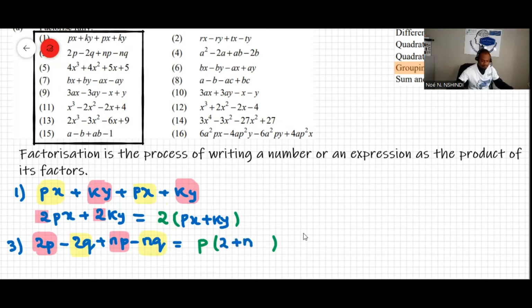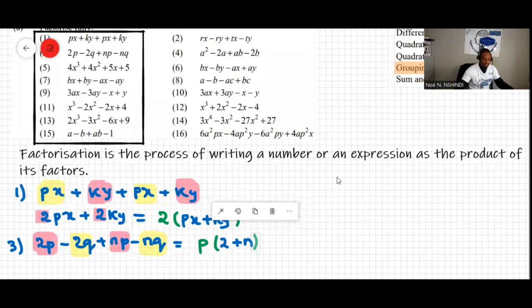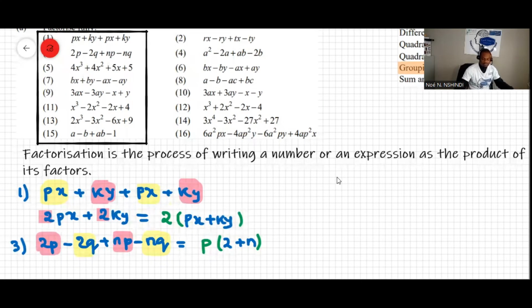And now for negative 2q and negative nq, I can take negative q as the common factor. So I say negative q there as the common factor. And then what should be in the bracket? Positive 2, because I took negative 2 out.